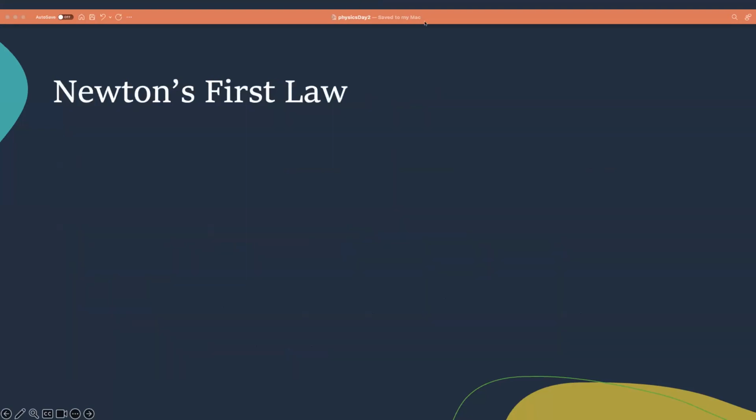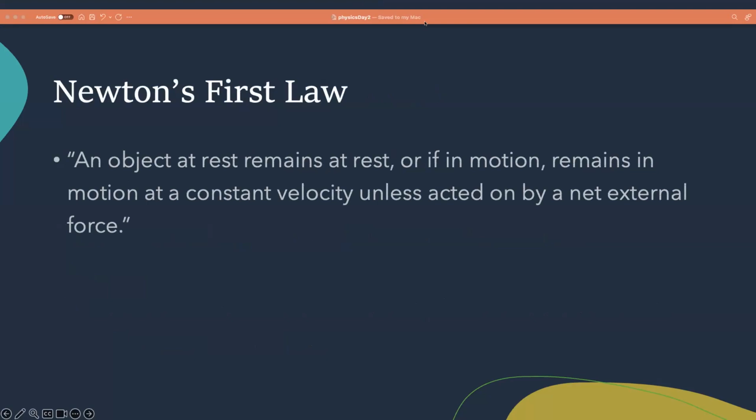So going to the first law, which is probably the most boring one. I'm sure everyone's seen some version of this wording. This is just called inertia most of the time, which is basically if you leave an object alone, as it's doing whatever it wants to, it will keep doing that until you force it to stop. So if a ball is flying through space, it will keep flying through space until it gets caught in a black hole or something like that.